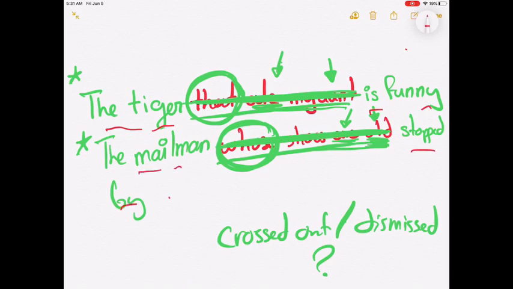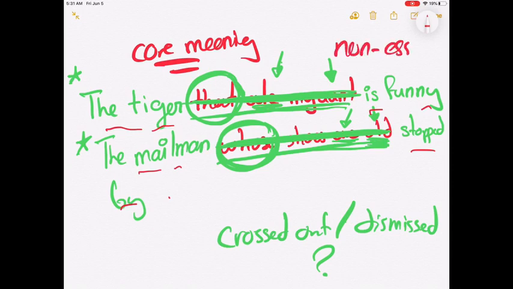In both cases, the core meaning of the sentence wasn't affected. And this is why I told you that it is not essential. That means that these parts are not essential for the core meaning of the sentence, even if the sentence might seem a little bit awkward. This strategy will be used, inshallah, in subject-verb agreement questions a lot, and we are going to see it.